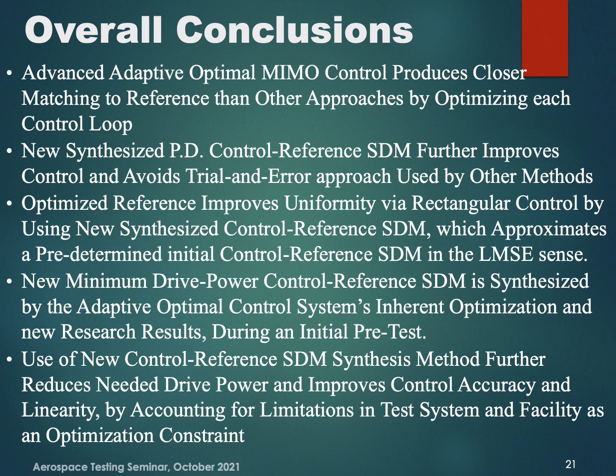The new minimum drive power control reference SDM is synthesized by the underlying optimization methods and new research during an initial pretest. The use of the new control reference SDM further reduces the needed power to improve control accuracy and linearity by accounting for limitations in the test system and facility as an optimization constraint.